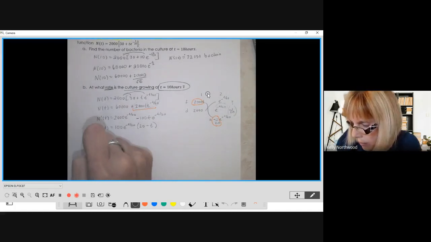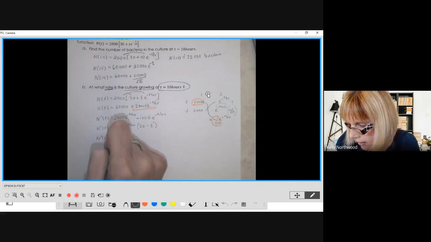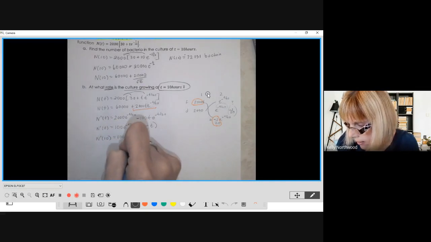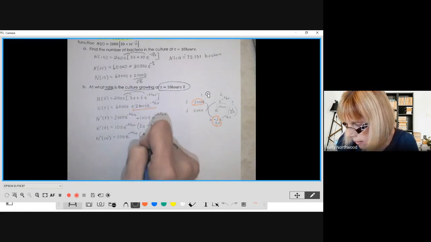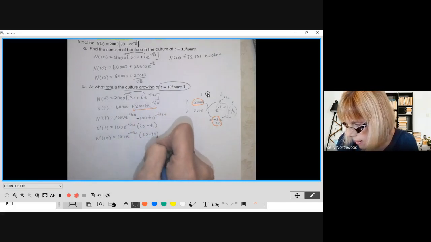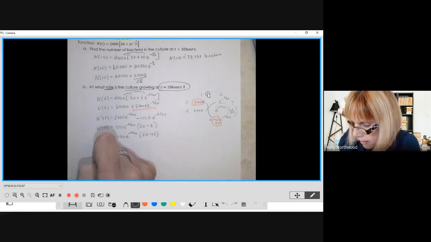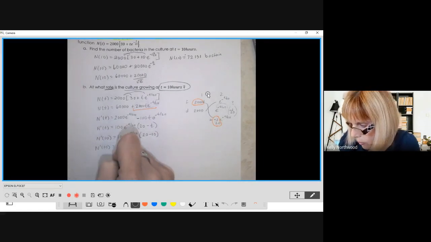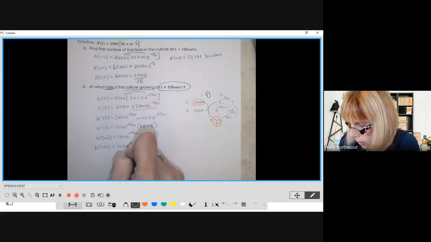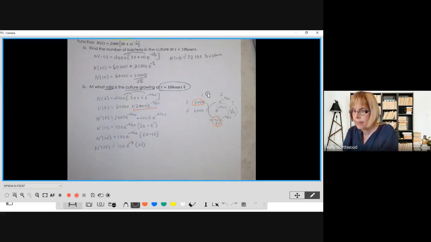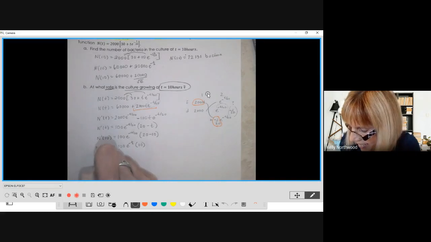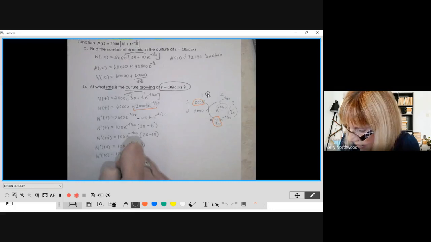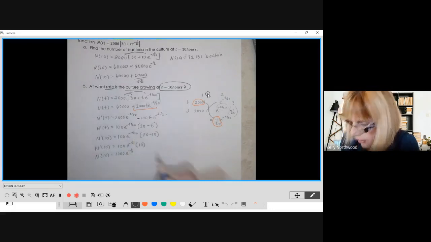And we want n prime at 10. So that's going to be 100 times e to the negative 1/2 times 10. Or 1,000 e to the negative 1/2.